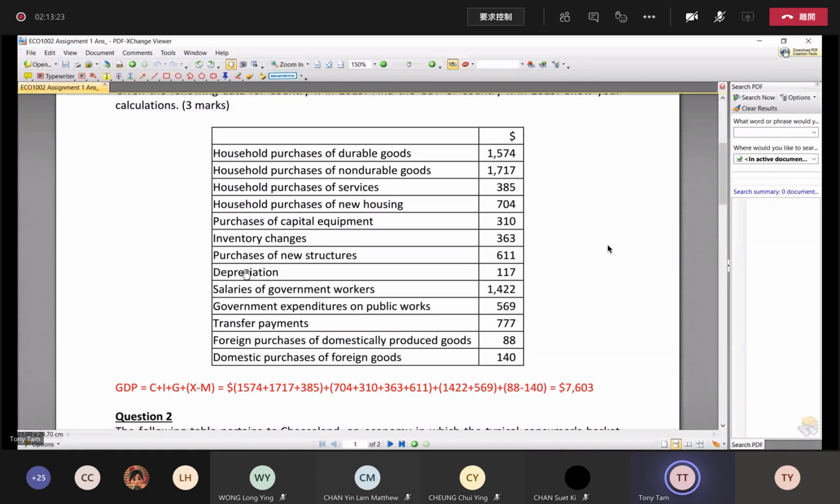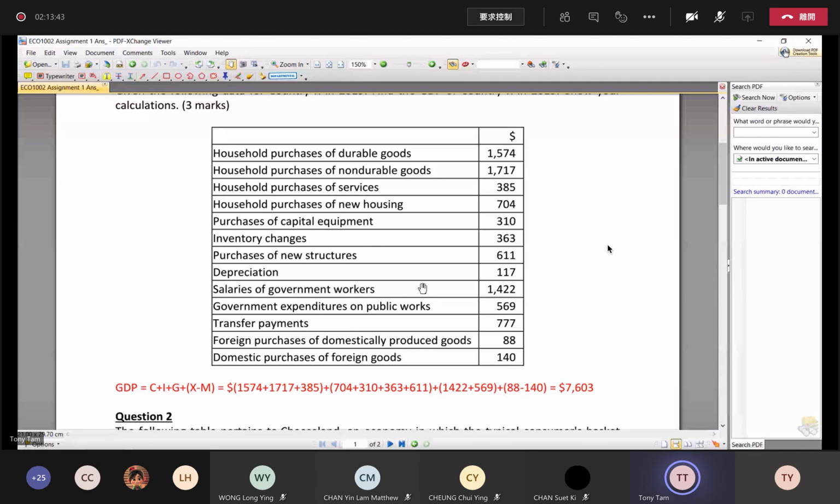Now, some students raised a question about the depreciation here. There's nothing important for that, because throughout this course we are just discussing GDP, gross domestic product. We don't talk about NDP or GNP or NNP.